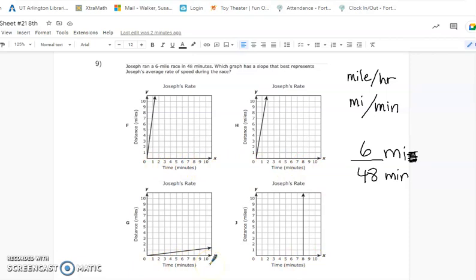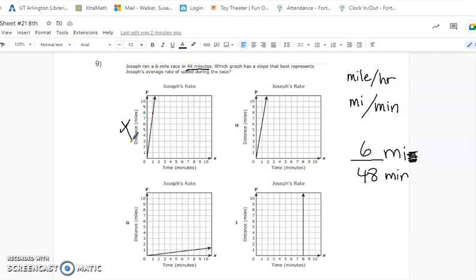If you look at this, there should be some that you should be able to get rid of. If I look at this one right here, it's saying in 1 minute, I went 8 miles. It took me 48 minutes to go 6 miles, so I know that's wrong. So, common sense on this.